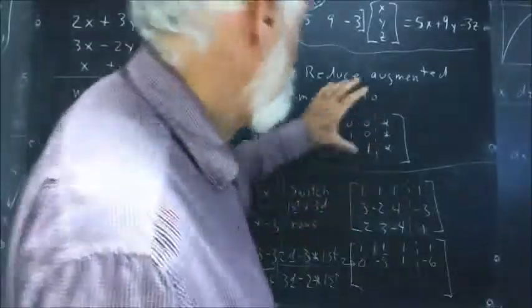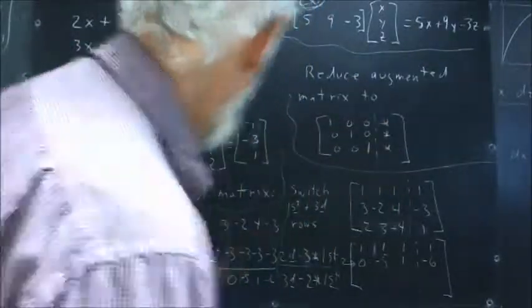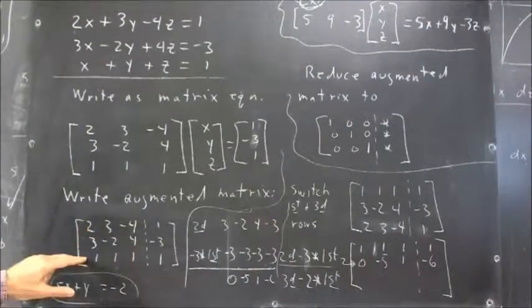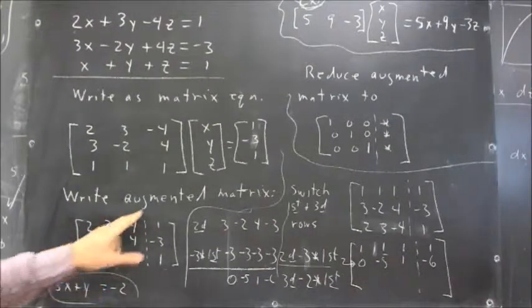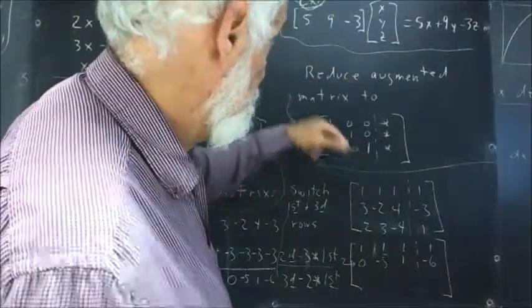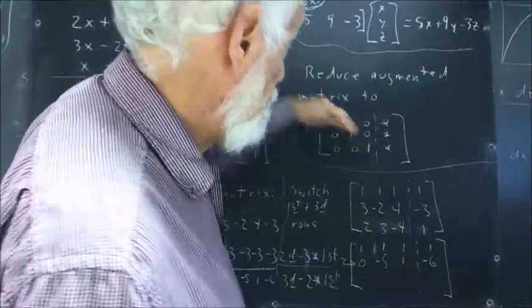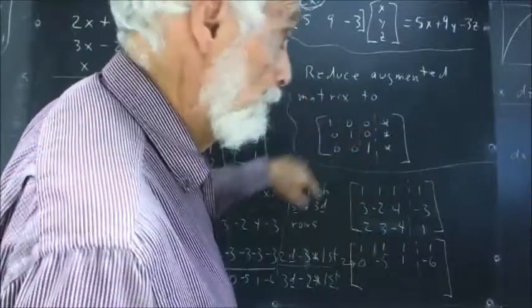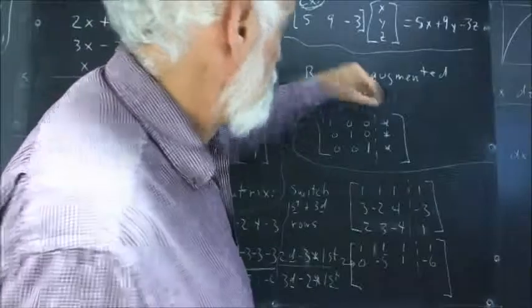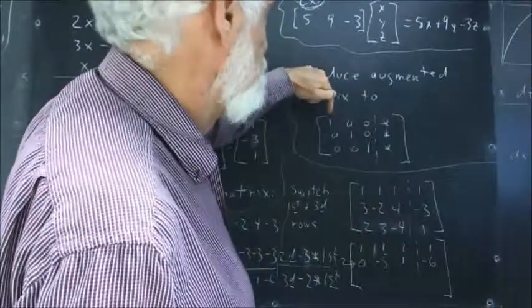They just come out of the operations that we use when we reduce the 3 by 3 matrix to the left of the dotted line to what we call the identity matrix, with ones on the diagonal and zeros everywhere else. Again, because that gives us our solution.